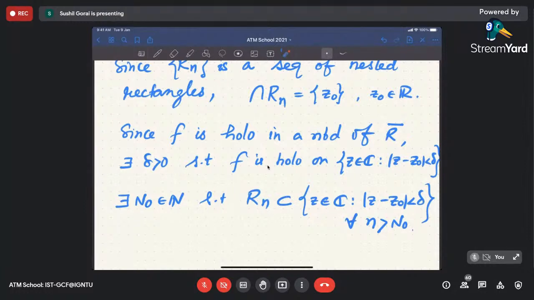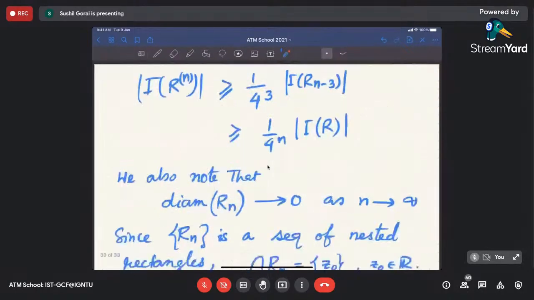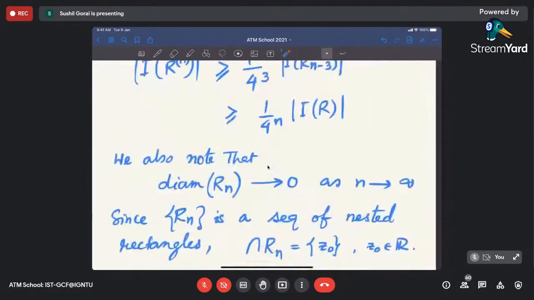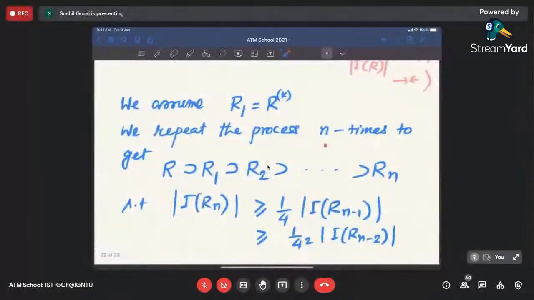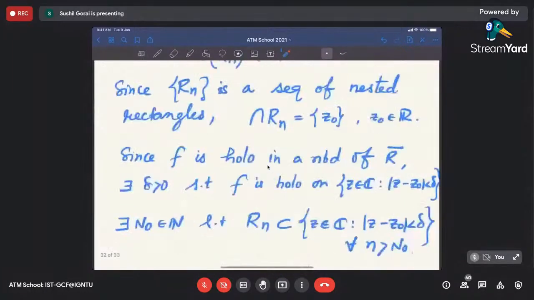That's what we did. Because this intersection is only Z0, and you have this property, decreasingness, which I have not mentioned here, but it was there. That gives you this.